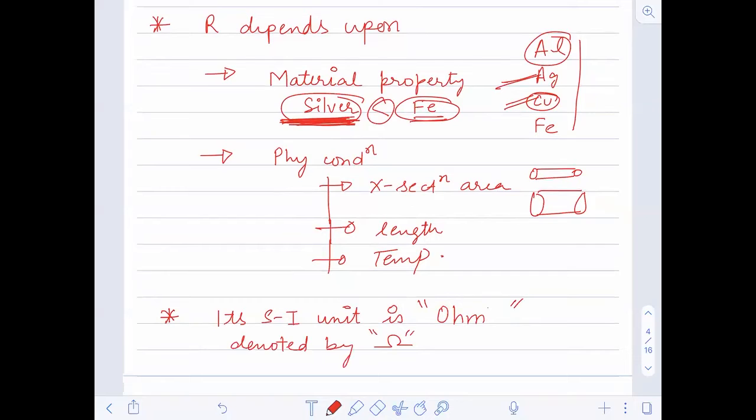This is a Greek letter, but we use this for the denotation. Understood this thing?